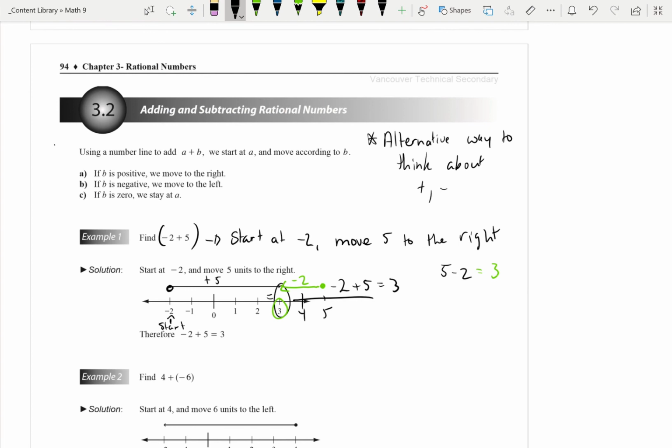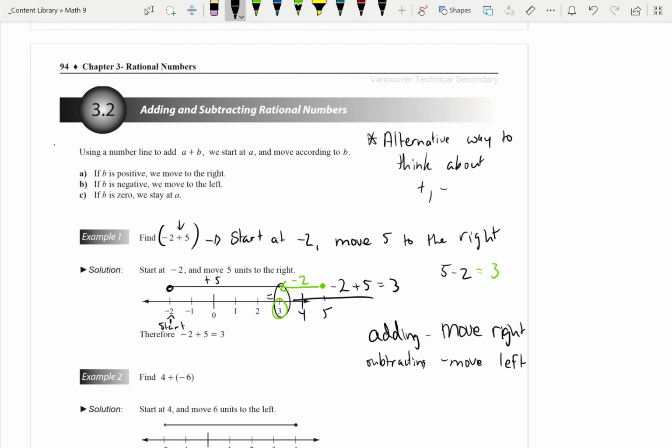And the 3 cases are if I have a subtraction, or adding, you move right towards the positive numbers, and then subtracting, you move left.